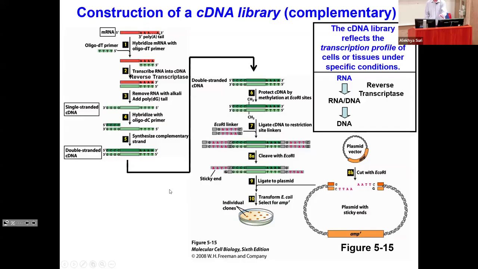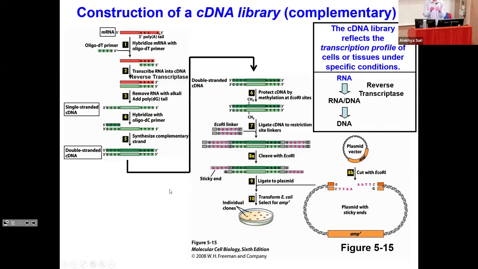Also, this version, RNA-DNA, is not very stable. So you would replace the RNA strand with a DNA strand. In this case, RNA is degraded, but then you have the synthesis of the complementary DNA strand, and then you have a duplex DNA.